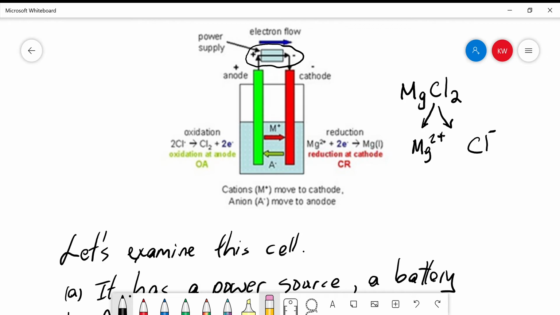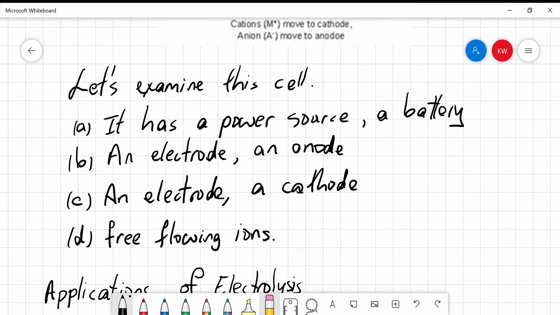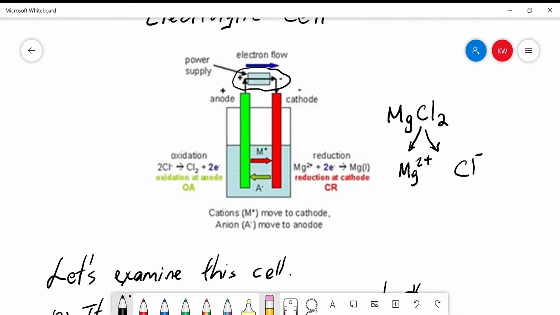Oxidation is the loss of electrons and reduction is the gain of electrons. We also have free flowing ions. In this example, we have magnesium chloride in the pure liquid form, the molten state, and it dissociates, it breaks down to give Mg2+ and Cl-.